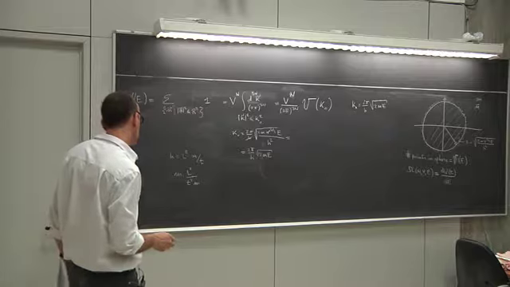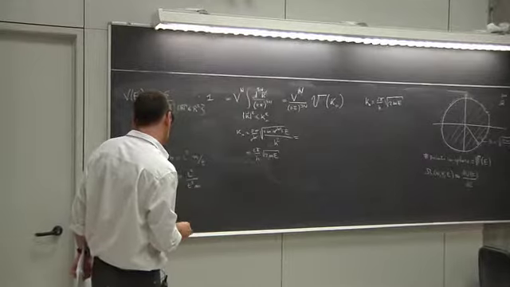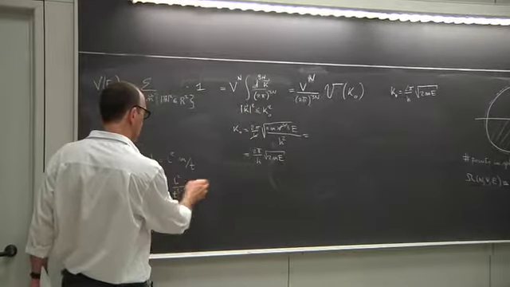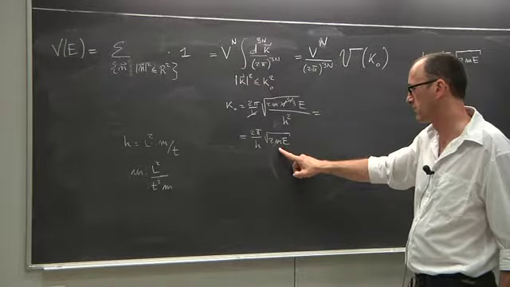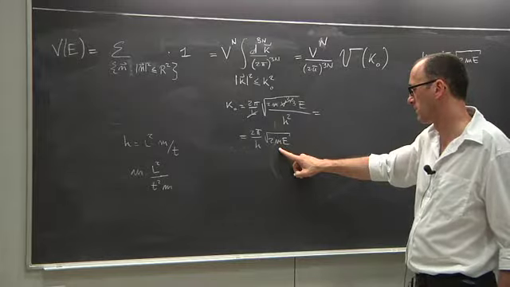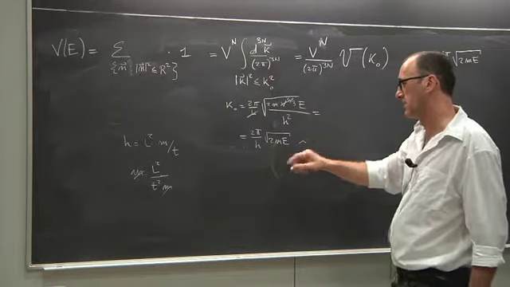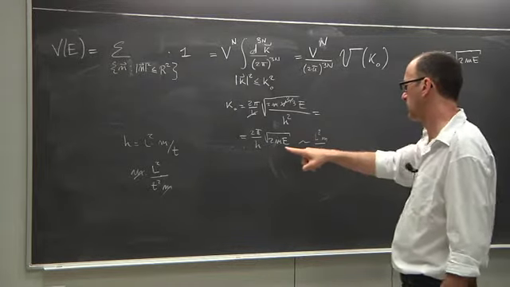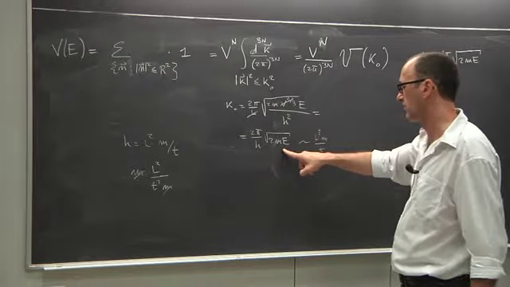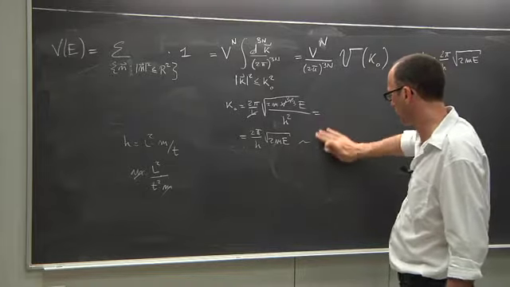So the m cancels, so the dimension of this would be L squared m divided by t, and here there is a square root of L squared divided by T. No, sorry.